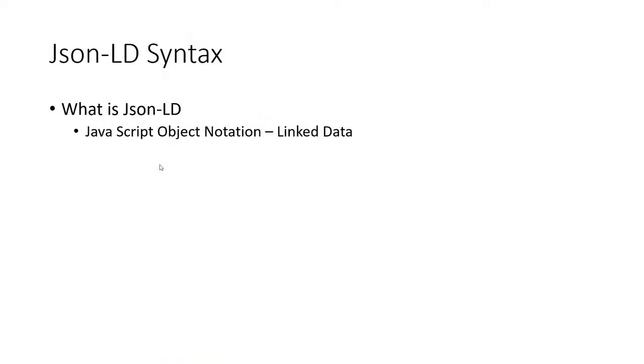So let's go over to see the basic JSON-LD syntax. JSON-LD stands for JavaScript Object Notation for Linked Data.